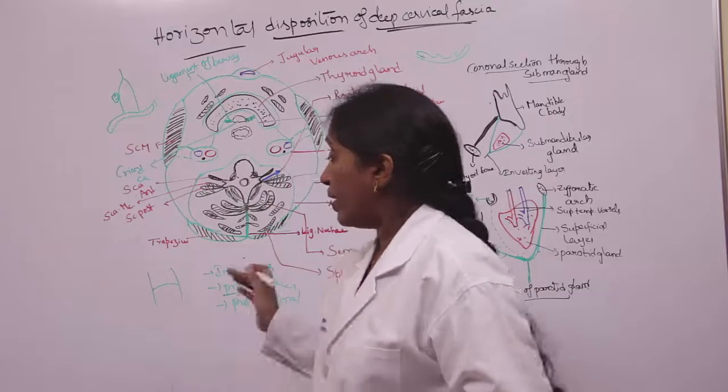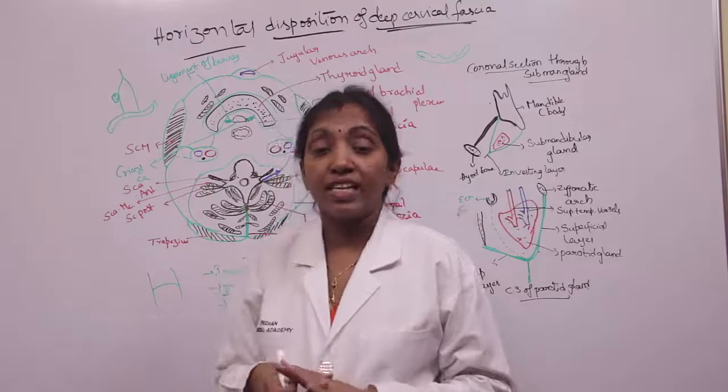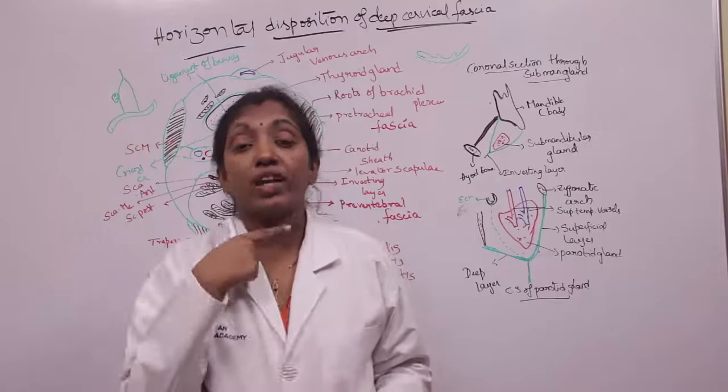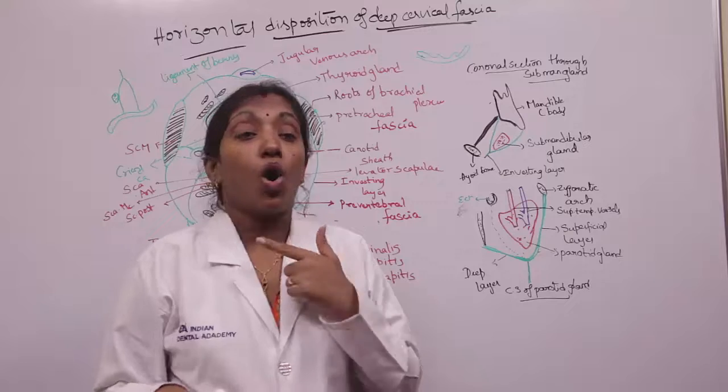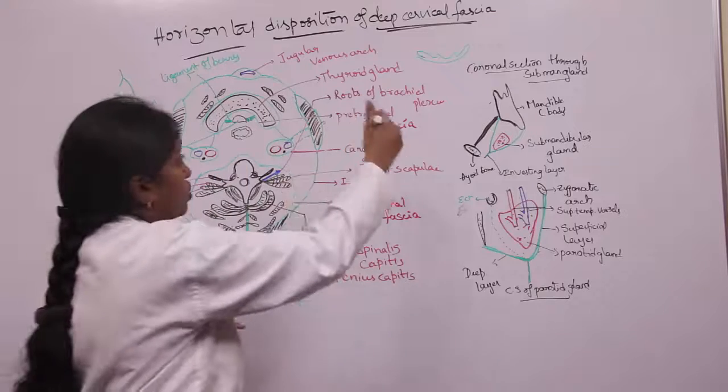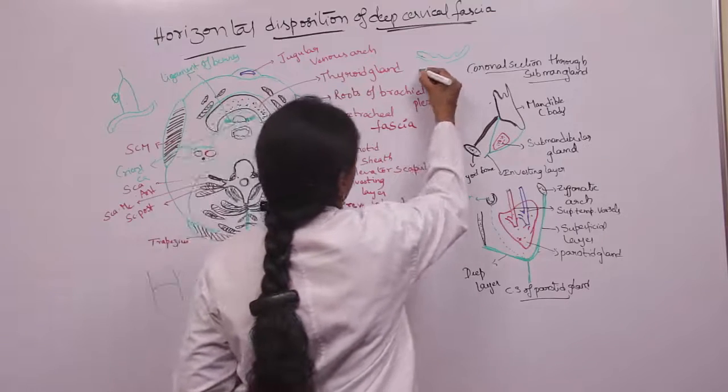And coming to the pretracheal fascia vertical extent, it is attached to the hyoid bone and also to the oblique line of thyroid cartilage.